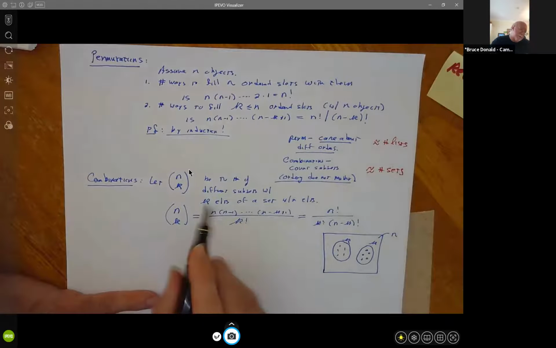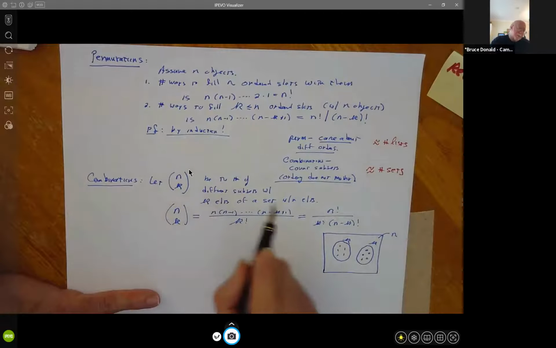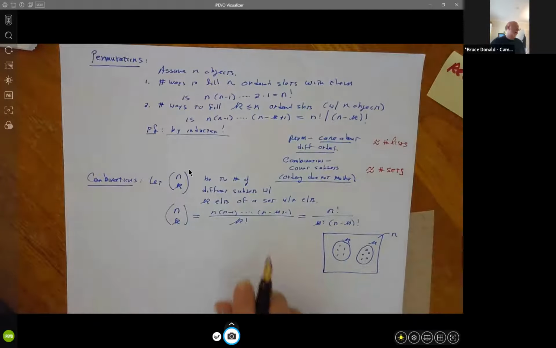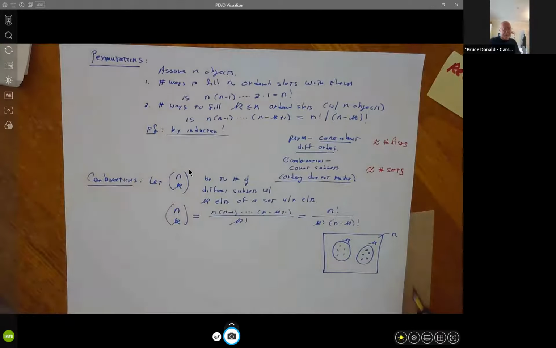So the number of different subsets, each with k elements, that are all drawn from this set, depends on two things. It depends on which choice of the k elements. And we have to make sure we don't care about the order. So if I choose this set of k elements, it doesn't matter what order I choose them in, right? So therefore, we can relate combinations and permutations. One way to think about this is as follows. Look at the picture here.